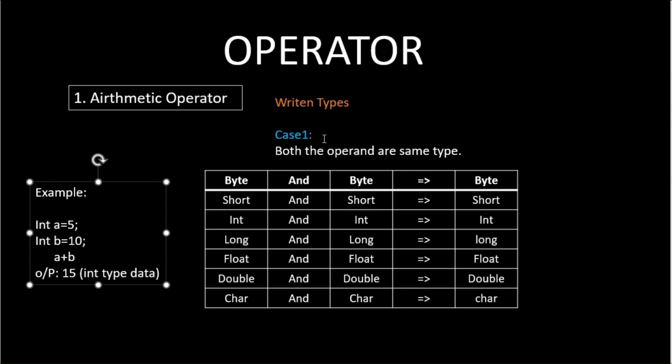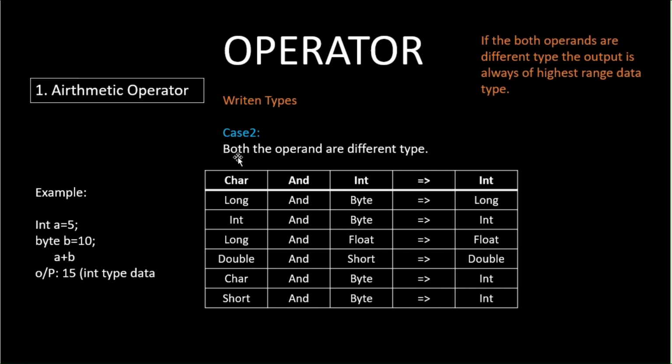Now what if the operands are of different types, then what will happen? That is case two. If both operands are of different types, the output is always of the higher range data type.